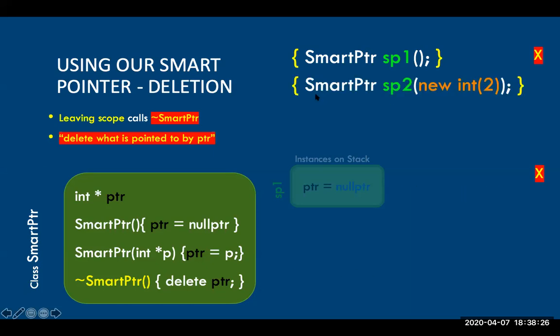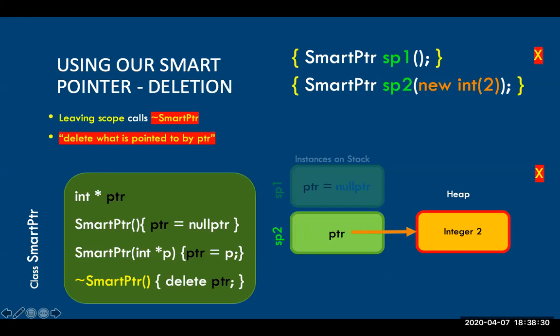Now, in this case, when we construct it, it does that. And then when our destructor gets called, because sp2 goes out of scope here, the destructor's got a little bit of work to do. It's first going to delete what's on the heap, and then PTR, and then sp2 will go out of scope, and everything will be cleaned up nicely.